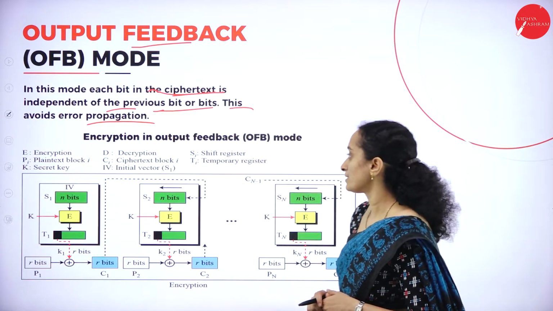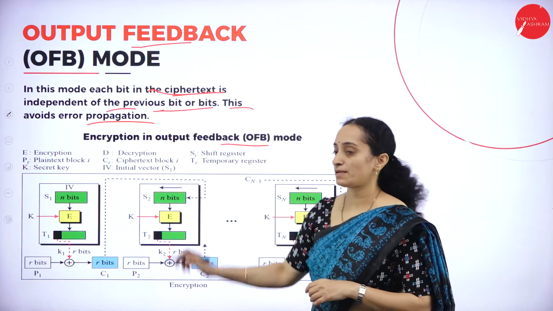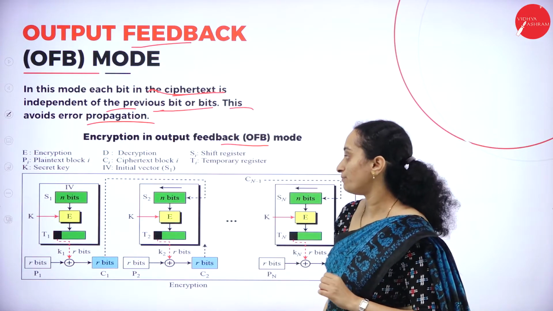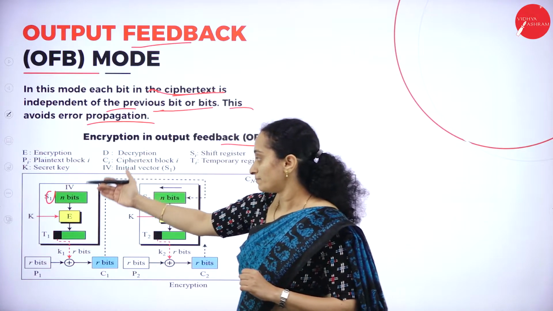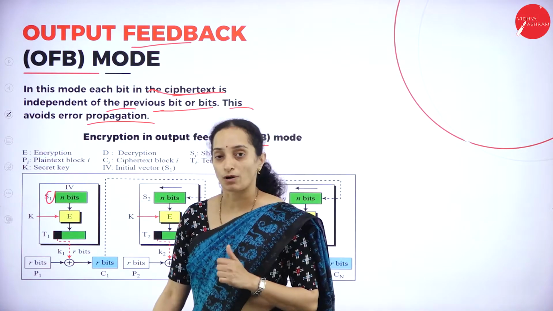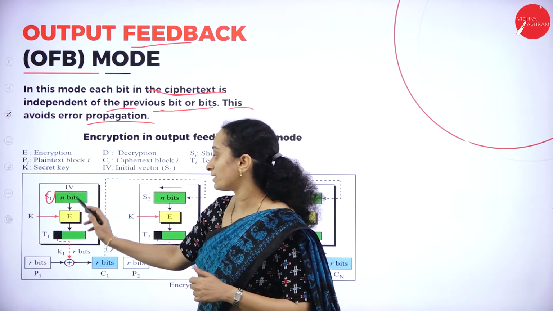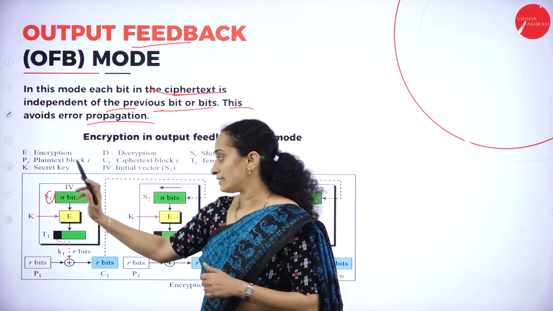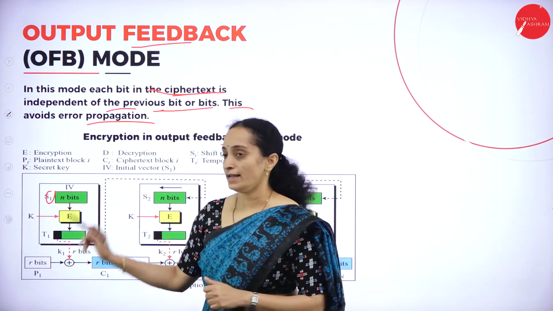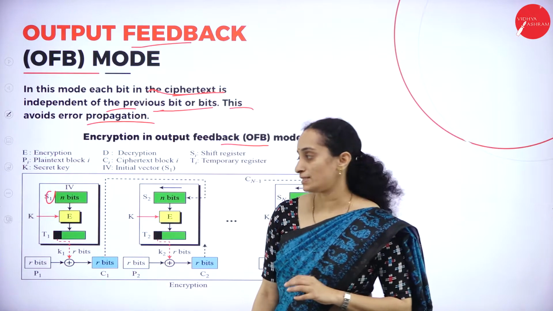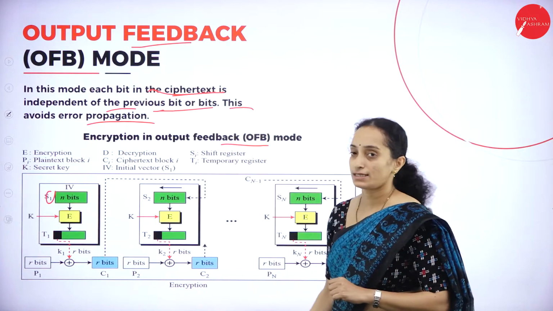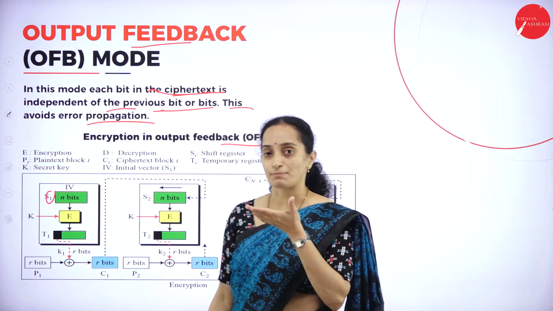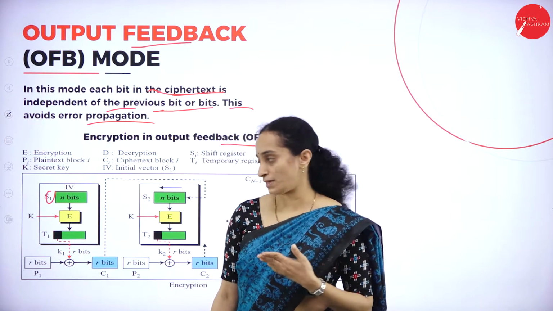Okay, this is the encryption process in the OFB mode. Here we have the shift register. The n bits of normal text or the plain text will be given to the shift register. There, the encryption algorithm is executed. Then a temporary register is given where the temporary ciphertext is obtained.